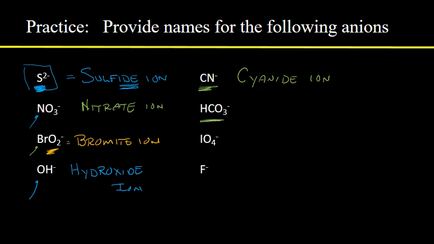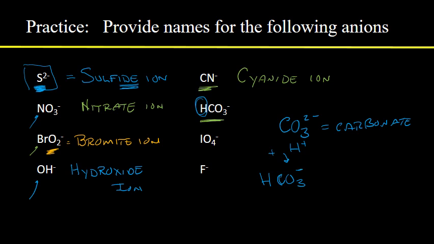HCO3-. Okay. That's not one of the ones that we memorized, right? But we did learn that CO3 2- is the carbonate ion, right? And if you look here, we've got an H on there. So if we were to add hydrogen to that and put an H at the beginning of the formula, and the charge, H+, the charge would increase by 1, so it'd go from -2 to -1.